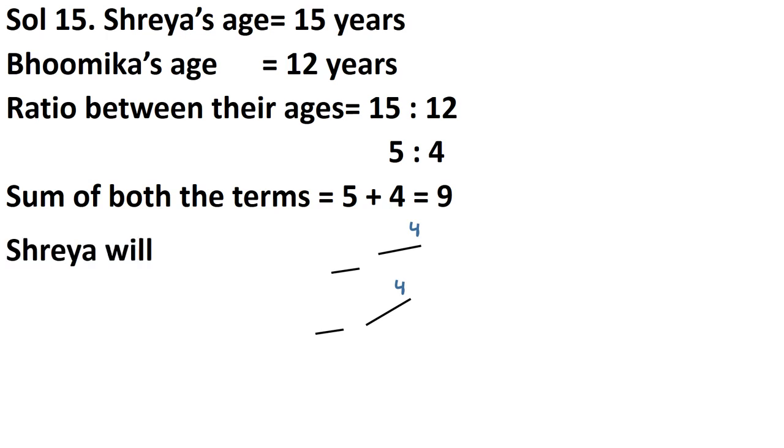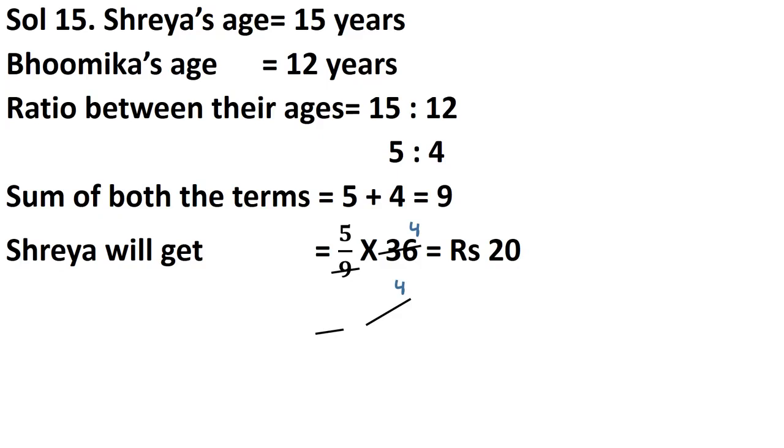So Shreya will get 5 upon 9 into 36, because Shreya's part is 5 when the total parts are 9.